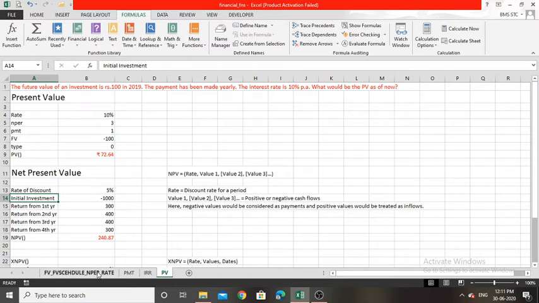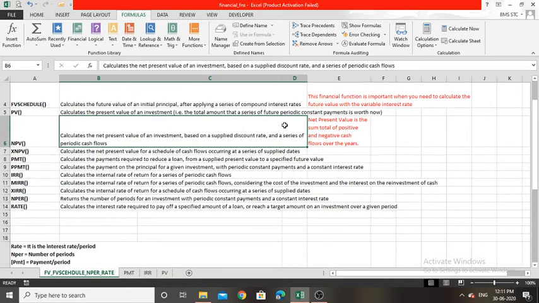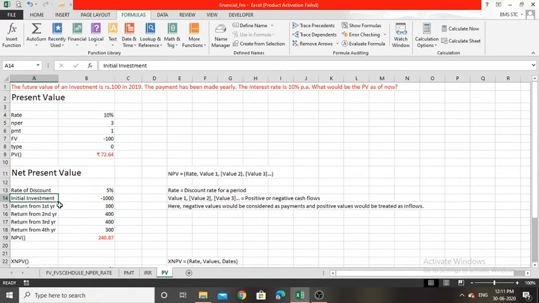So there is a series of periodic cash flows. It is a periodic cash flow because the question shows cash flow year by year.